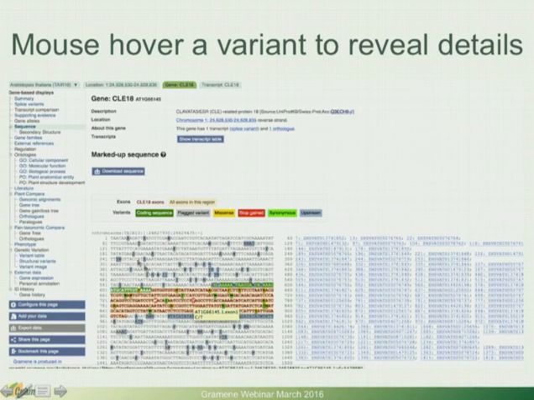Now I get to see many of these variants for this gene, and they are color-coded according to the legend up here. If I mouse over an individual variant, I can get a little more information. In this case, the alleles, the name, and the position that they are in an exon.